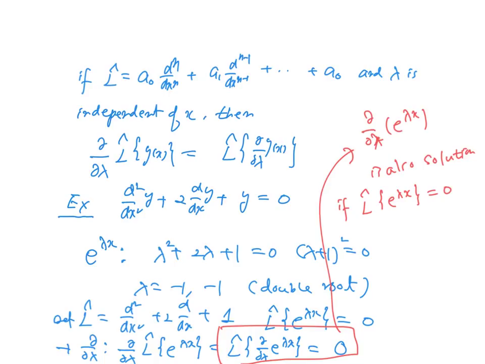And from this property, we know this is a solution because if you apply L to this function, it is 0, right? So that's the solution of the ordinary differential equation. Then from this equation, L operating on this function gives 0. That means this is also a solution.